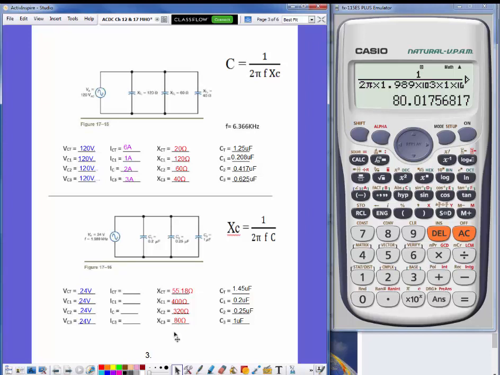Now that I have all my ohms values, I can calculate out my current using Ohm's law. I is equal to V divided by X. So 24 volts divided by 55 ohms, 24 volts divided by 400 ohms, 24 volts divided by 320 ohms, 24 volts divided by 80 ohms.